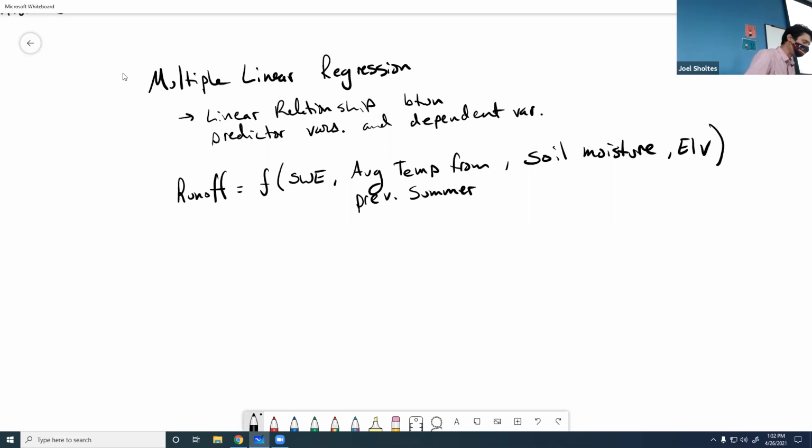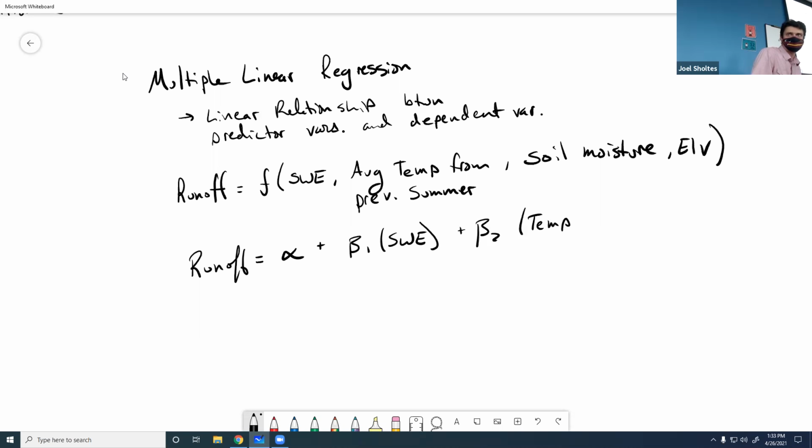And so in this case now we say runoff is equal to some intercept plus beta 1 times SWE, maybe that's the most important one, plus beta 2 times temp plus beta 3 times moisture, and so forth, right? So each of these coefficients represents a slope, right?